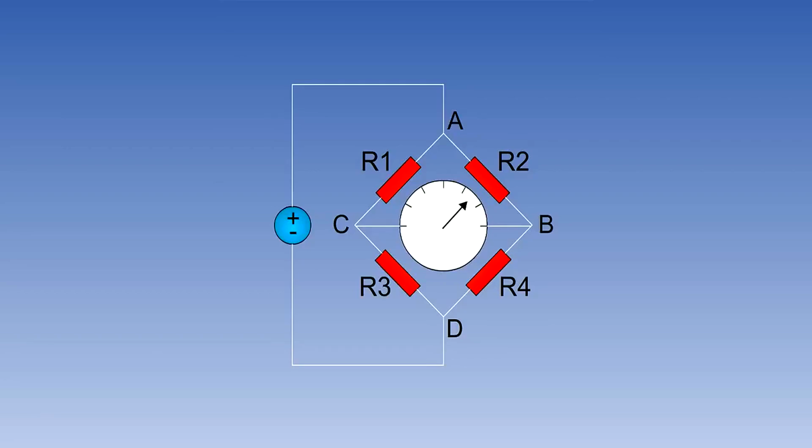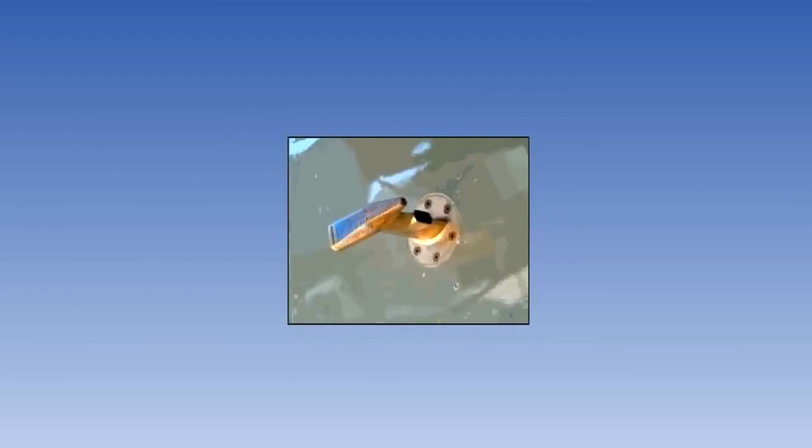This is an accurate system which can detect even small changes in temperature, and as the system works on the principle of balancing resistances, any fluctuation in the circuit voltage will not affect the accuracy of the system. Let us now look at a typical total air temperature probe of the type used on a modern high-speed aircraft.